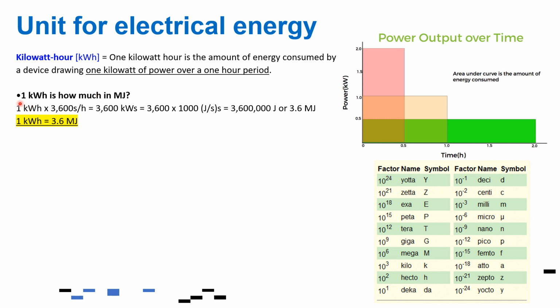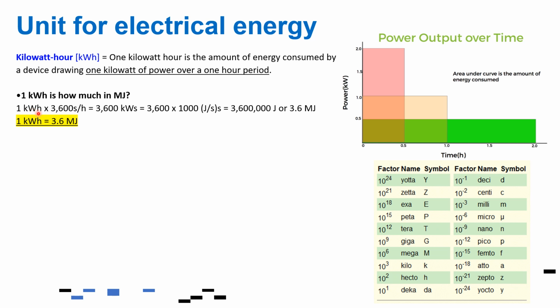When we convert 1 kilowatt hour into megajoules, it is equal to 3.6 megajoules. It's just a matter of unit conversion. So for 1 kilowatt hour, we convert the hour into seconds, and then cancel the seconds with watts, which is joules per second.